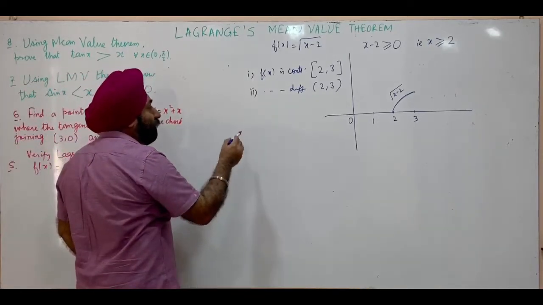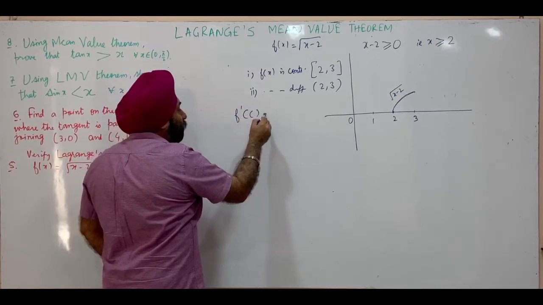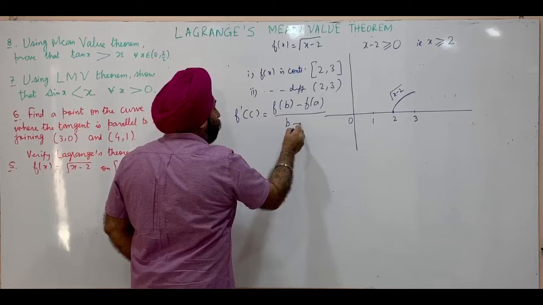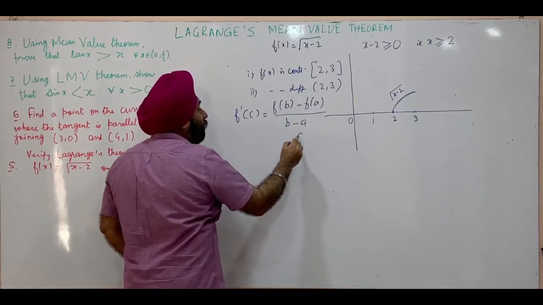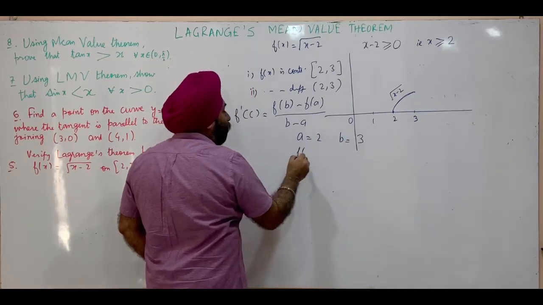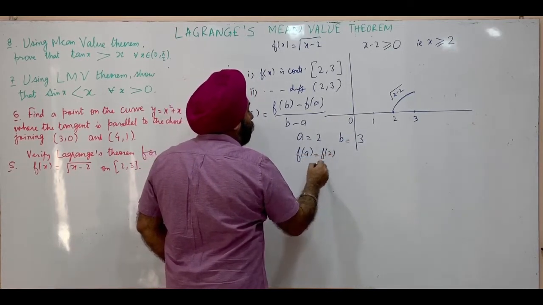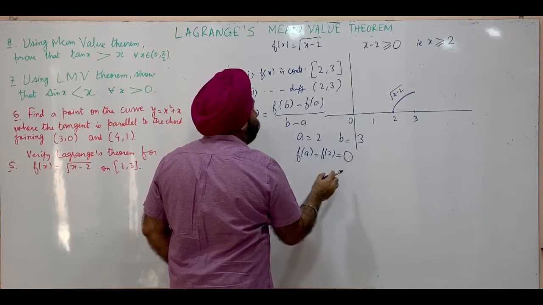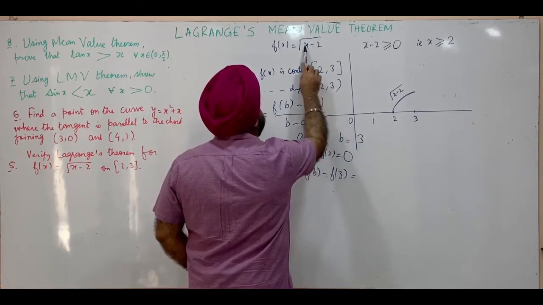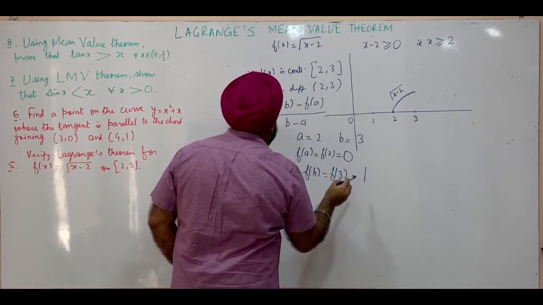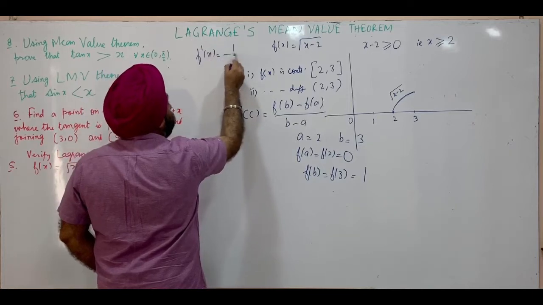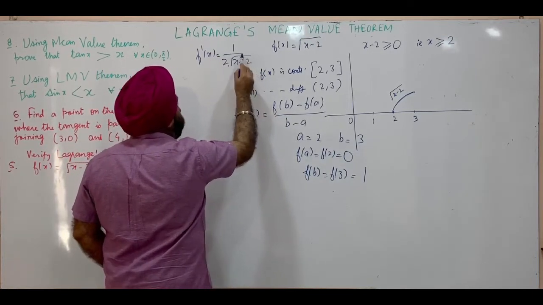Therefore Lagrange's mean value theorem is applicable, according to which f dash of c is f of b minus f of a upon b minus a. Here a is 2 and b is 3. f of a is f of 2, which is 0. Similarly, f of b is f of 3, which is 3 minus 2, 1, square root of 1 is 1. f dash of x is 1 by 2 into root of x minus 2.